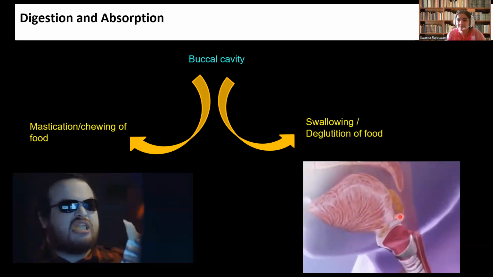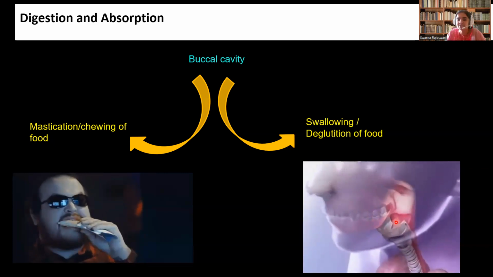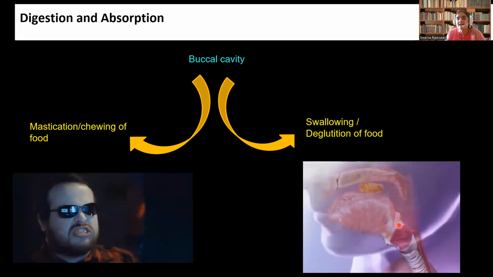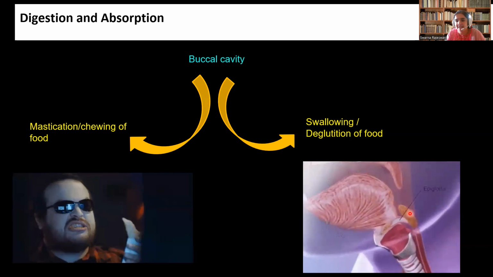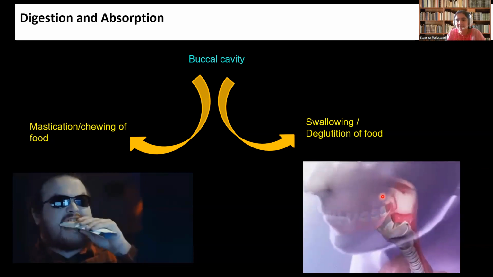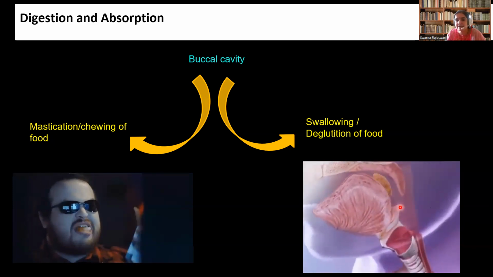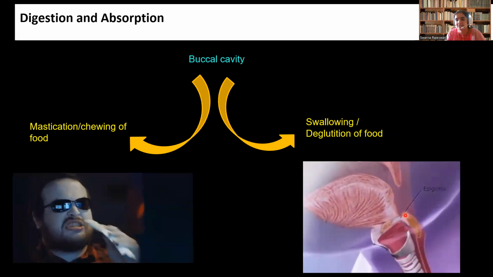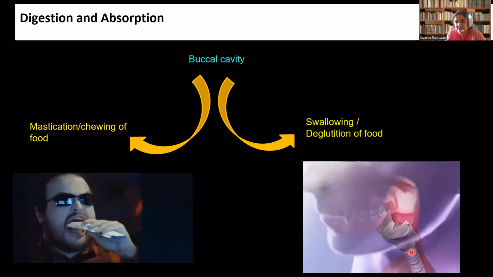When we see here, there is a small leaf-like structure called the epiglottis, which immediately closes when the food enters from the pharynx into the esophagus. When the food passes from the pharynx into the esophagus, what does this epiglottis do? It immediately closes the larynx so that the food enters the esophagus without flowing into the trachea.